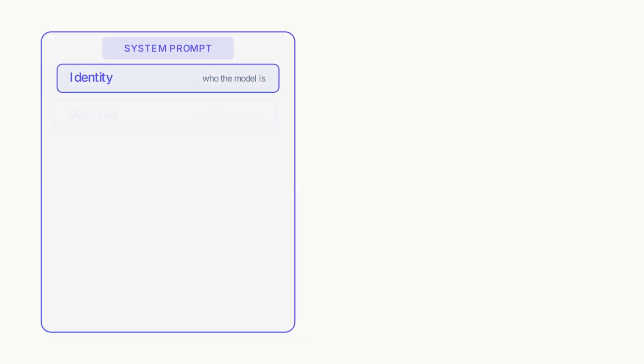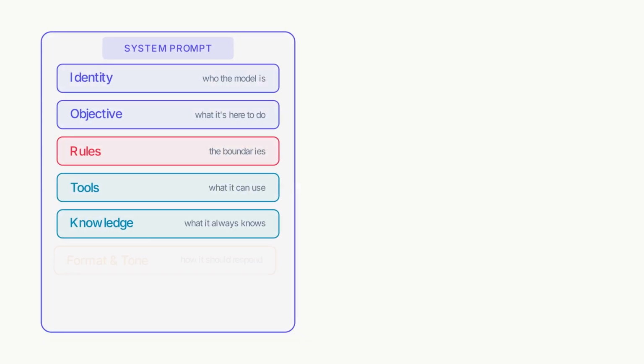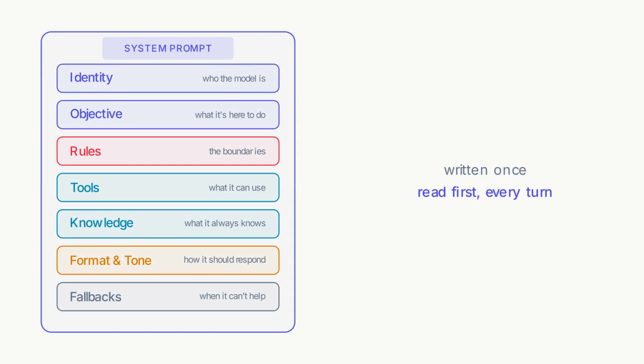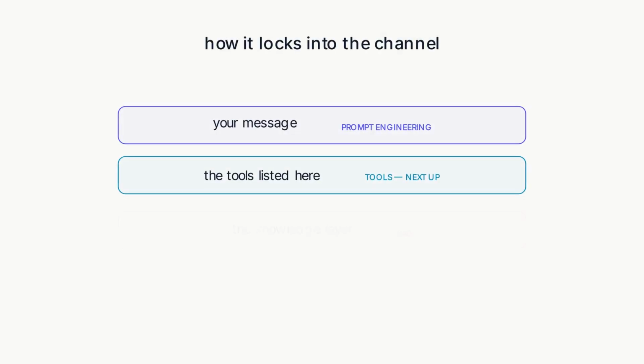So here is the system prompt whole, a job description for the model built from 7 layers: identity, who it is; objective, what it's for; rules, the boundaries; tools, what it can use; knowledge, what it always knows; format and tone, how it speaks; and fallbacks, what it does when it can't help. Written once, read first, every single turn. And notice how this locks into everything else on the channel.